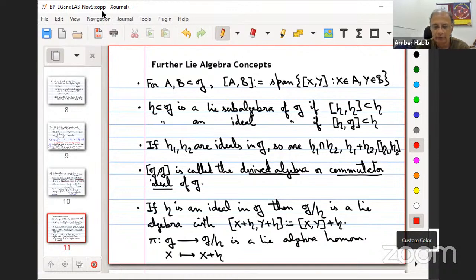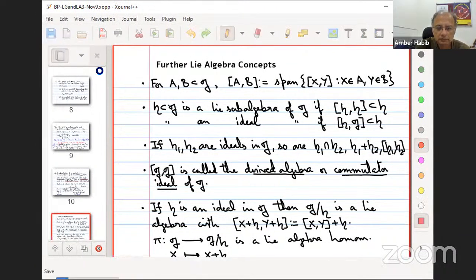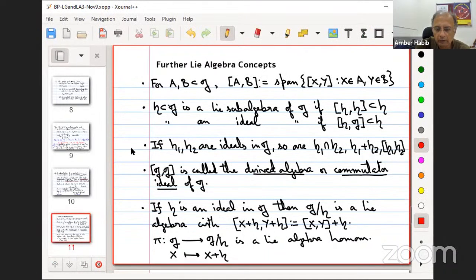You bracket the x and y and take that coset. Again, a routine check is that because H is an ideal, this is well defined. So this gives you a quotient Lie algebra G quotiented by H. And the map from G to the quotient space, which takes x to the corresponding coset, turns out to be a Lie algebra homomorphism.